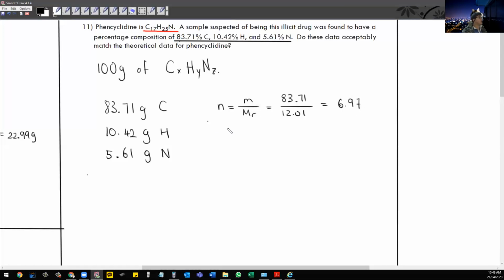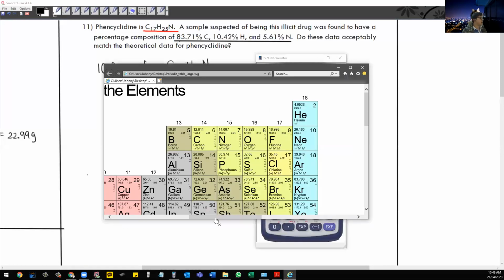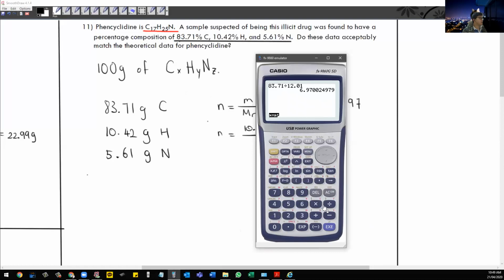All right. Now next one is, number of moles, you go for 10.42, divide that by 1.008. In this case, I cannot do this with rough numbers, because small decimal differences can lead to big differences later. So I get 10.337.